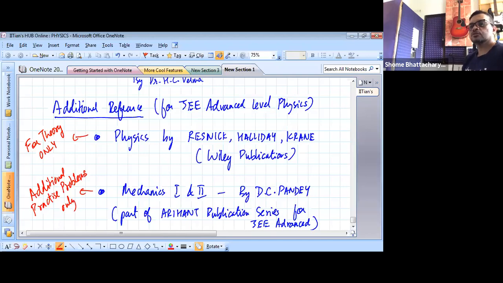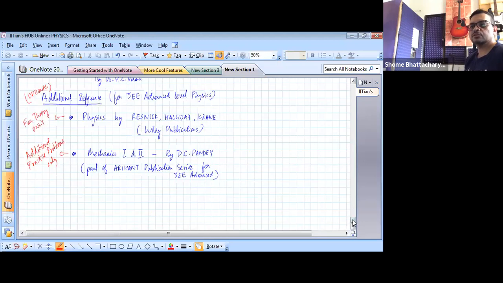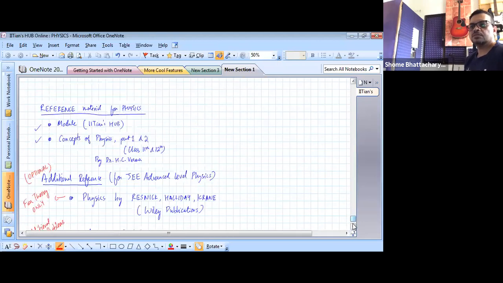Okay. So this additional reference material is optional, not compulsory. You can get it at a different stage also. When you are doing revision later also, you can refer to this. But this part is compulsory.